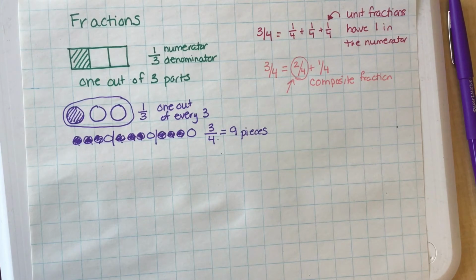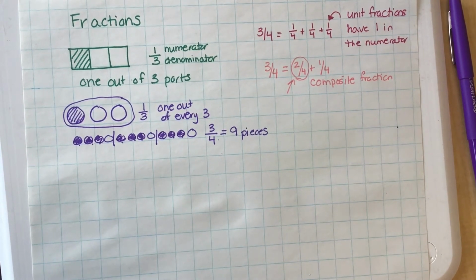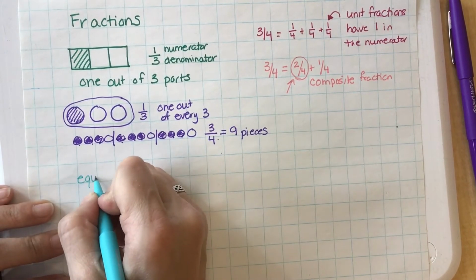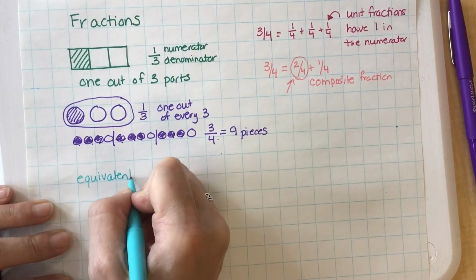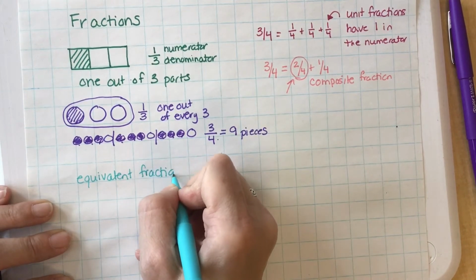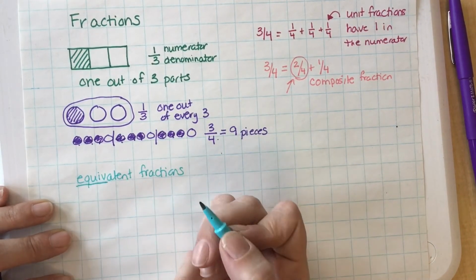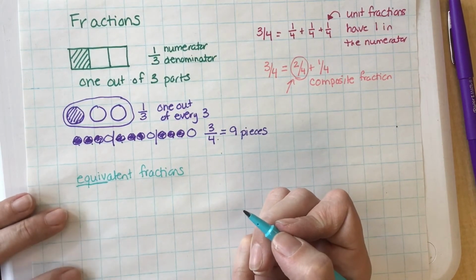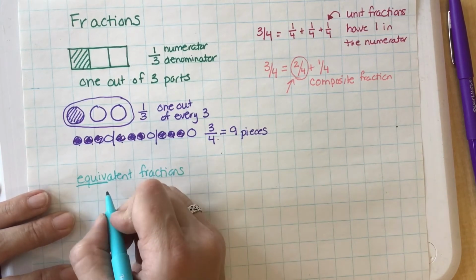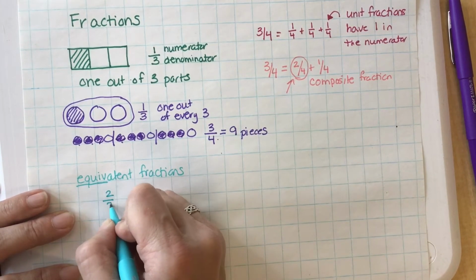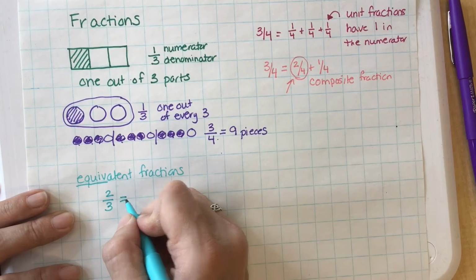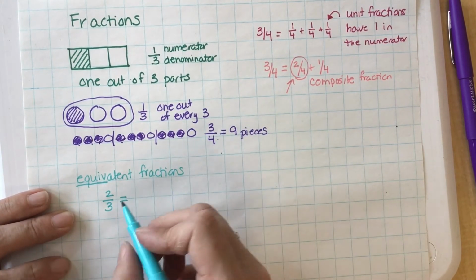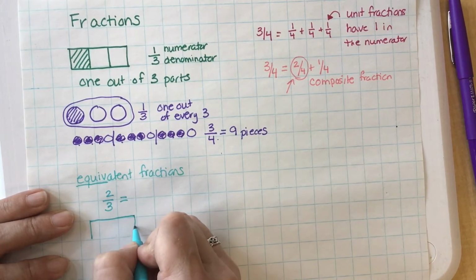Let's see. We can find equivalent fractions. Equivalent has the word equi in it. It sounds like equal. So equivalent fractions are fractions that are equal to each other. If I had the fraction 2/3 and I wanted to find another fraction that was equal to it, meaning it would be the same, I can draw that with a picture.